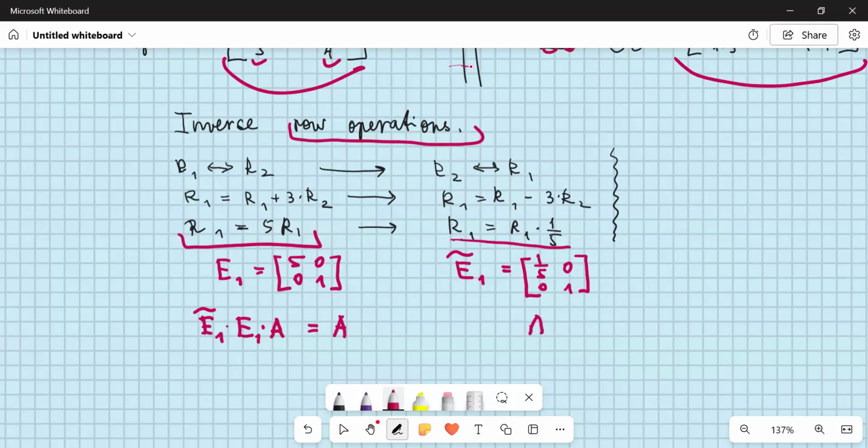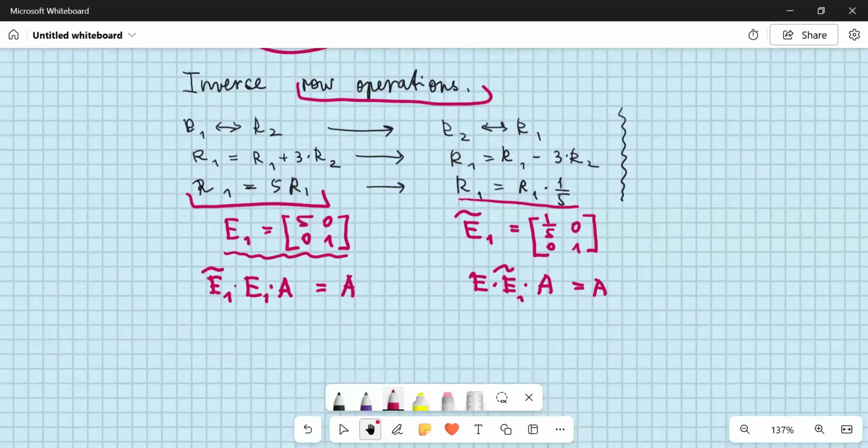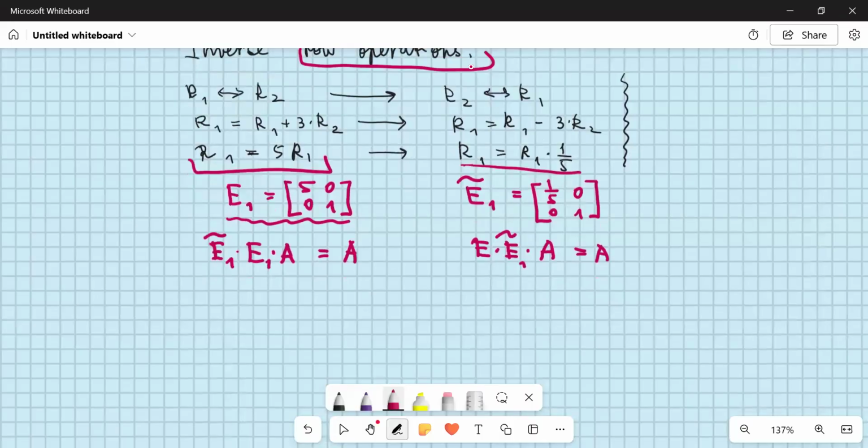For example, if you take matrix A and first apply the inverse operation, which is going to be 1/5, then the inverse to this one is going to be this one, and you can apply it over and get the original matrix. So basically, elementary inverse matrices are doing the same kind of stuff to a matrix as inverse row operations. Very good. How are we going to use it? Well, time to prove a theorem which is going to allow us to use it.